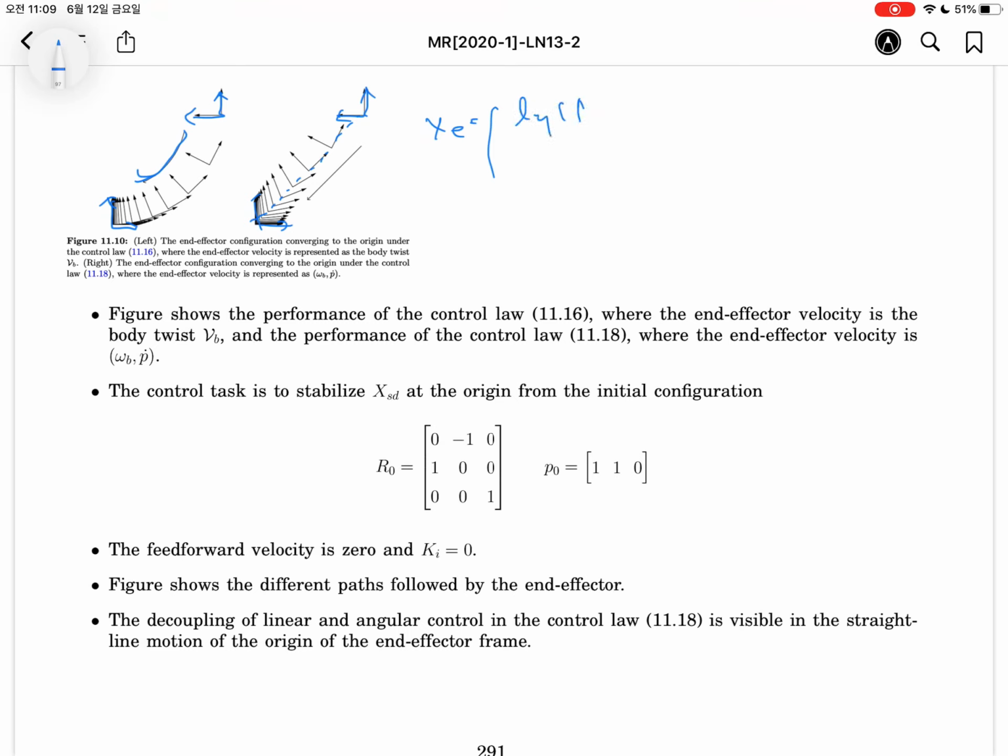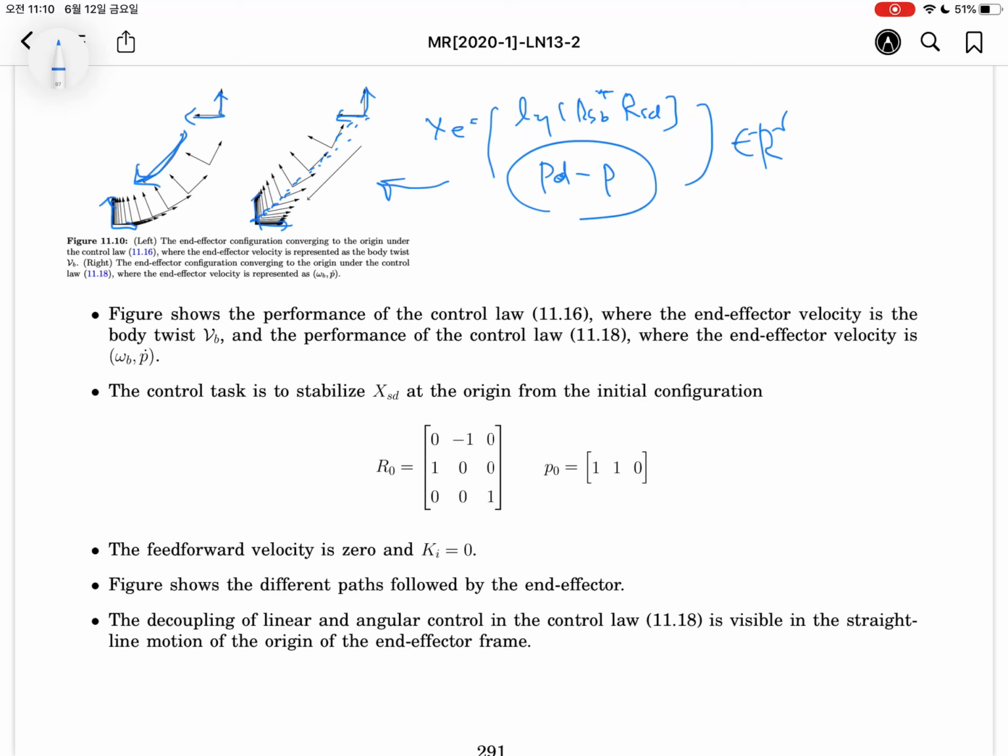Do you remember the XE? XE will be the log transform, R_SB transpose, R_SD, and Pd minus P. So it belongs to R^6. If you use this kind of decoupled motion, then the position movement will follow a little bit linear.